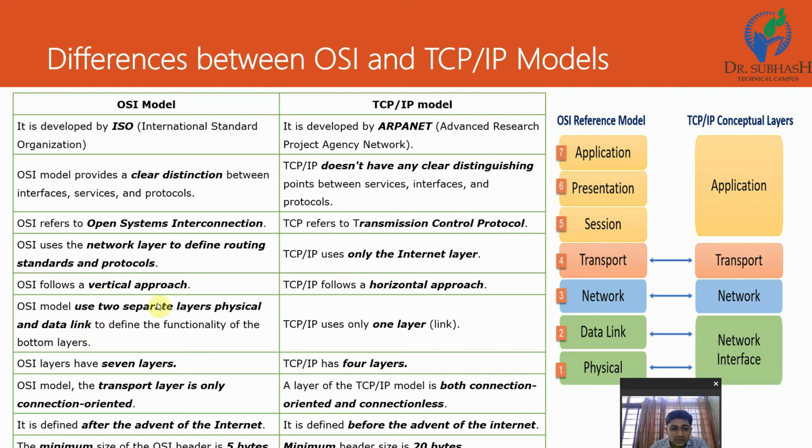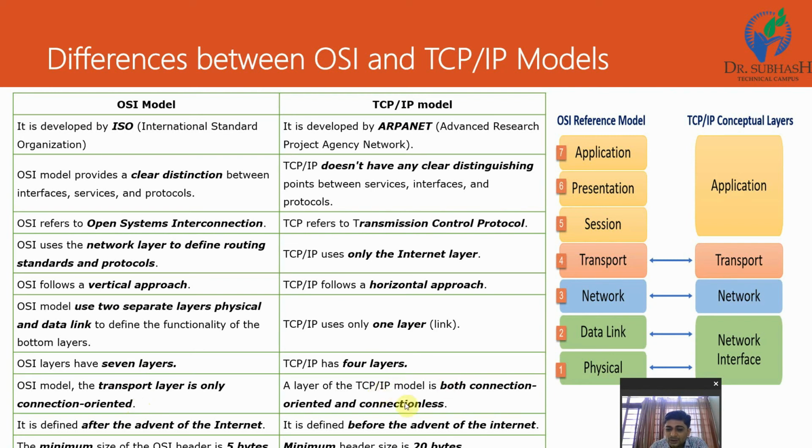The OSI model uses 2 separate layers, data link layer as well as physical layer, which are combined in one layer in TCP/IP, that is link layer. OSI has 7 layers, and the TCP/IP model has 4 layers. In OSI, the transport layer is only connection oriented, right?